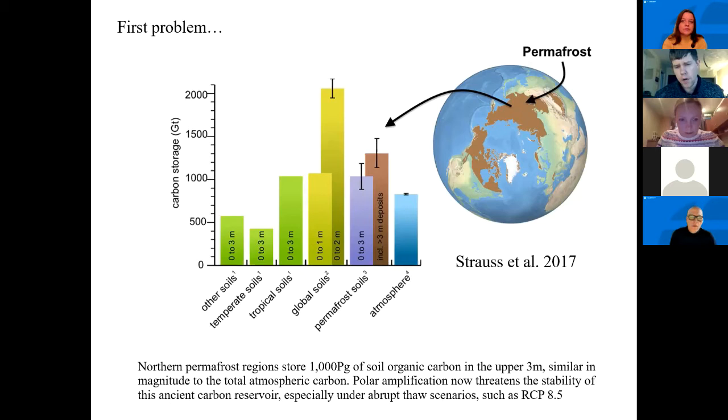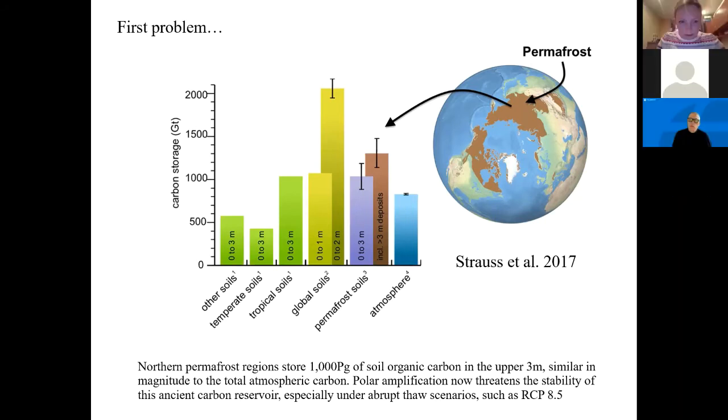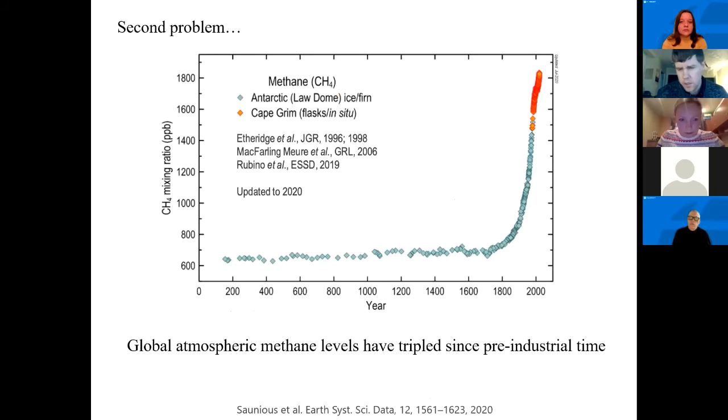And so under the RCP 8.5, which is usually considered the most extreme, we know that 40% of the permafrost will thaw by the end of the century from modeling, right? As Vasily was talking about, these kinds of models that can project changes. And the second problem is, if this energy is transformed into methane, then we have an even worse problem, because methane is 30 times more potent than CO2, and methane has been dramatically rising, tripled since pre-industrial times in 1750, 1800.